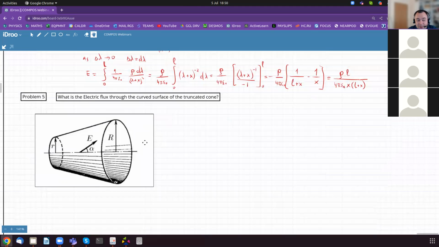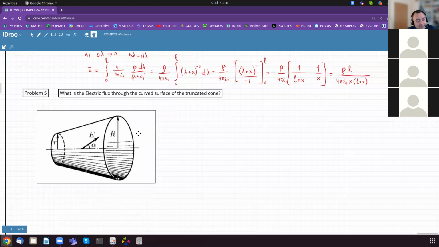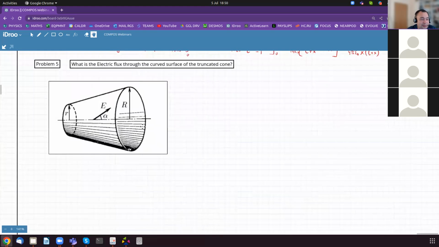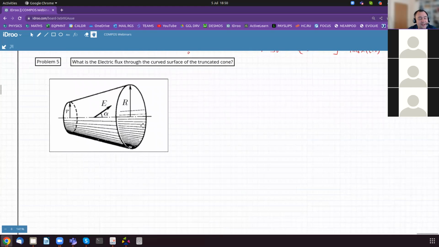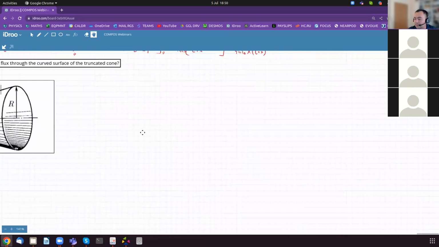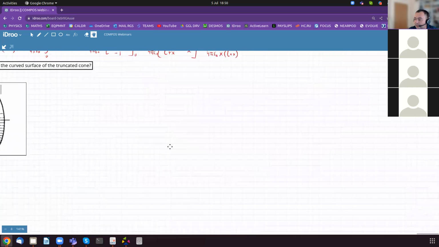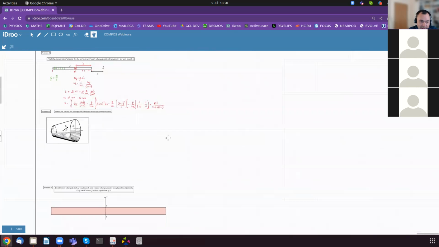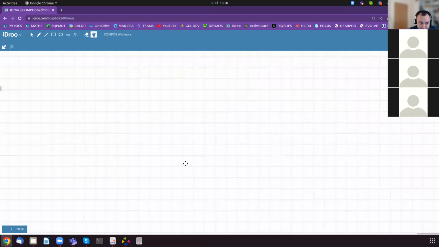Now, Gauss's law is not in the A-level program, but hopefully you'll find this interesting. The electric flux. Have you studied magnetic flux? Guys, have you studied magnetic flux? No. Okay. Well, you will study magnetic flux in year 13.